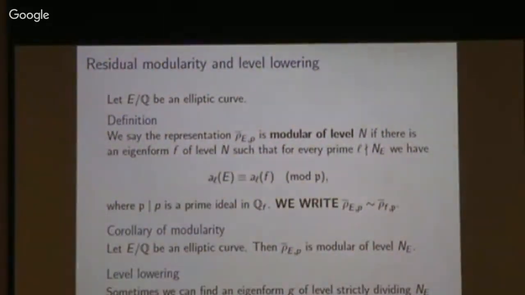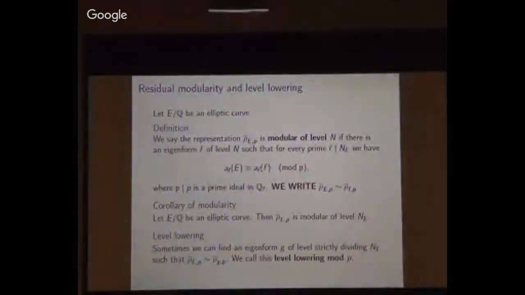But here's one more idea that we'll need. As I said, this congruence is less restrictive than the modularity of the elliptic curve E. So we know from this corollary that we have modularity of the mod P Galois representation if we just use the form that gives us modularity of the curve.